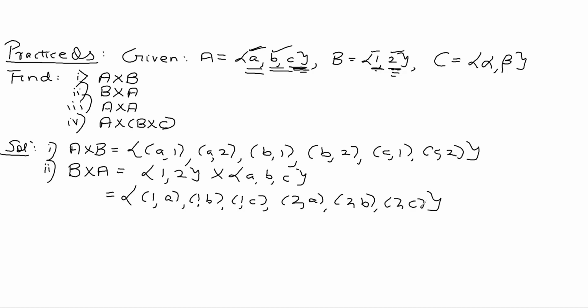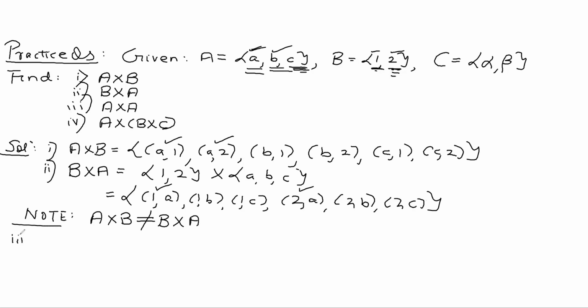So you can clearly see that A cross B is not equal to B cross A because internal order matters. (a,1) is not equal to (1,a). (a,2) is not equal to (2,a). So internal order matters, and A cross B is not equal to B cross A.